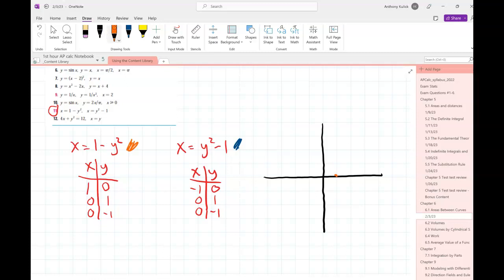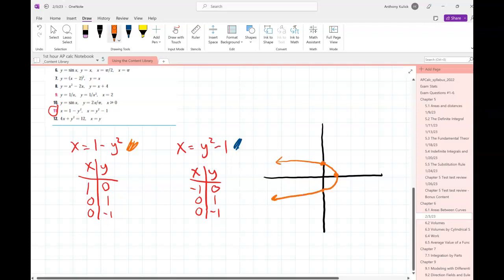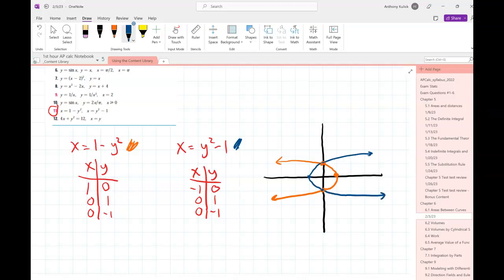So I have 1, 0, 1, -1. So there's the orange parabola. The blue one's -1, 1. There we go. Blue. And so we're looking for that region between them.